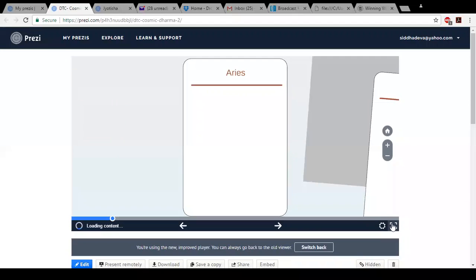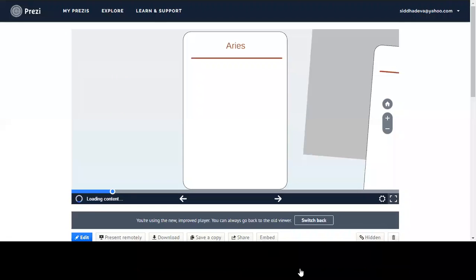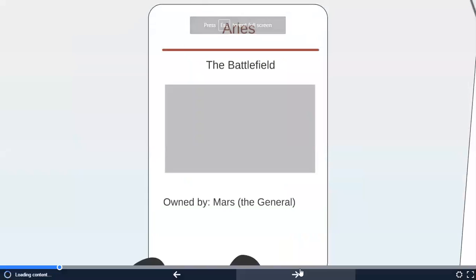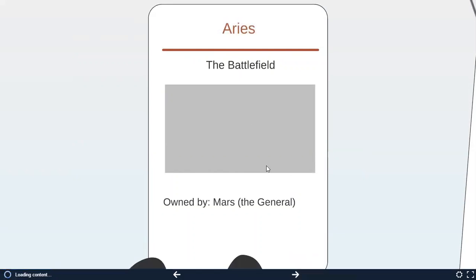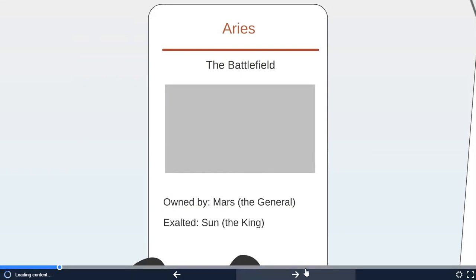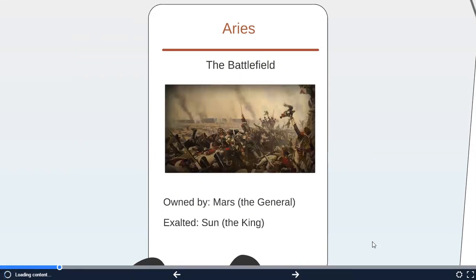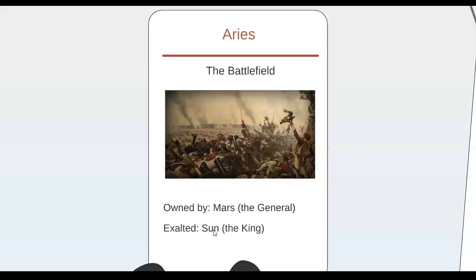So here is that presentation. Aries represents the battlefield. There's supposed to be a picture here. And it's owned by Mars, the general. The planet that's exalted there is the Sun, because the Sun is the king. And when the king goes into battle, he gains land, he gains property, he gains treasure.